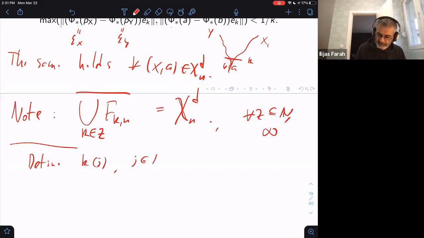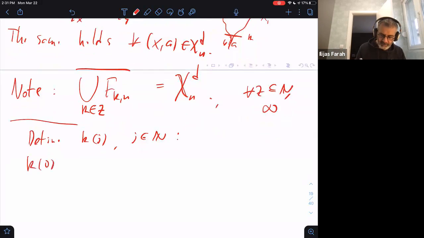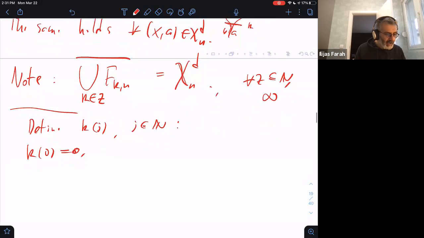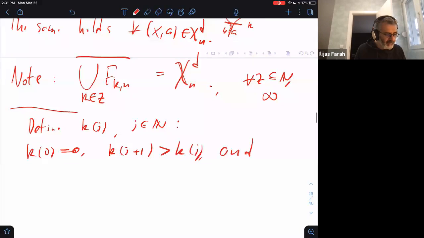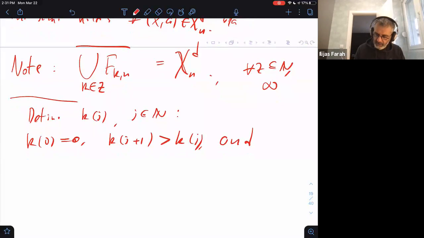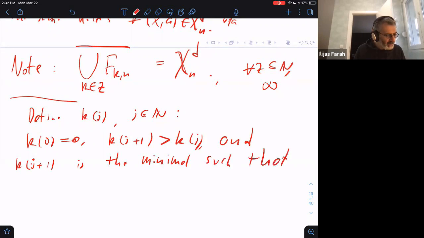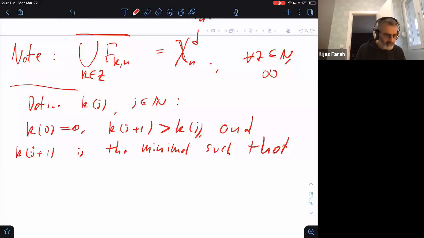Okay, so now I define k of j for j in N as follows. First, k of 0 is 0. And I want k of j plus 1 to be greater than k of j. And I want it to have another property. k of j plus 1 is the minimal such that we have the following: b tilde restricted to k of j plus 1.